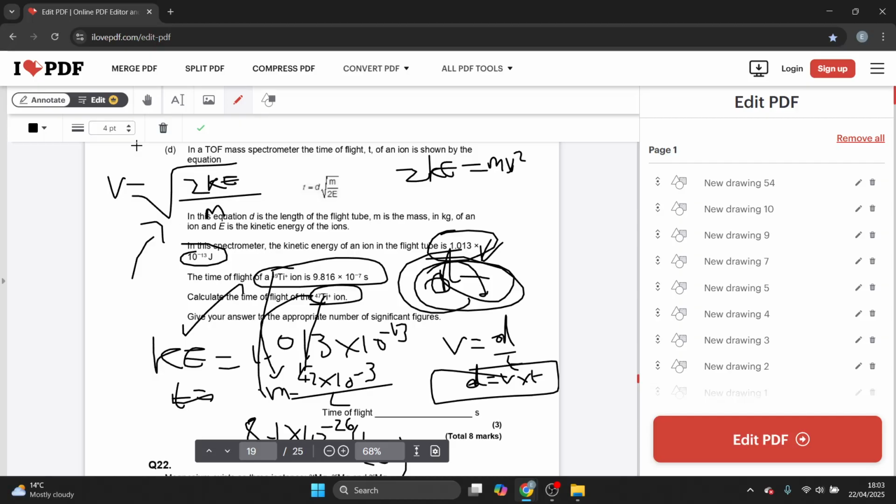No, because that's the velocity. I almost forgot: that's the velocity specifically for the 49Ti+. So I can't substitute this to find the time of the other ion. But I'm not even trying to find that. Okay, so I've got the velocity.